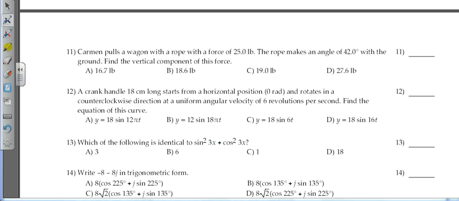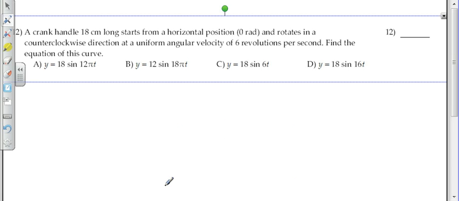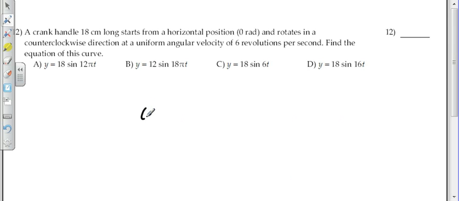12. A crank handle that long, horizontal position, is rotated uniformly at 6 revolutions per second. I need to have that in radians per second.